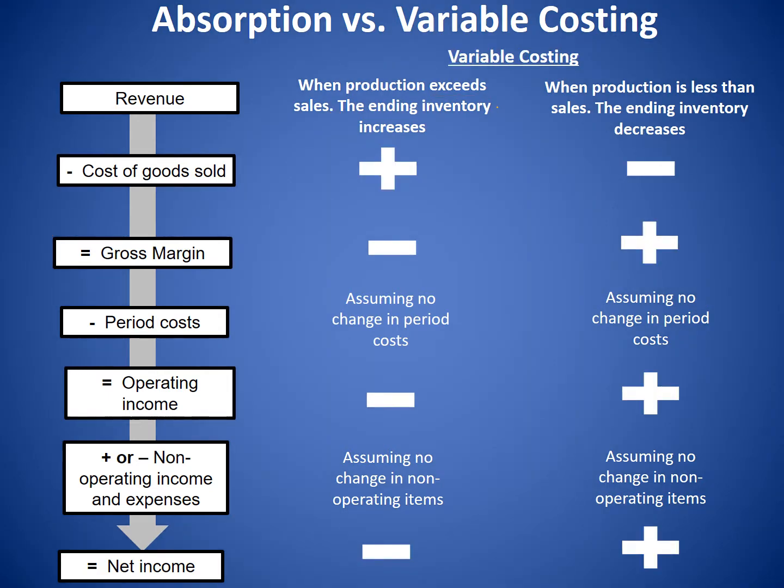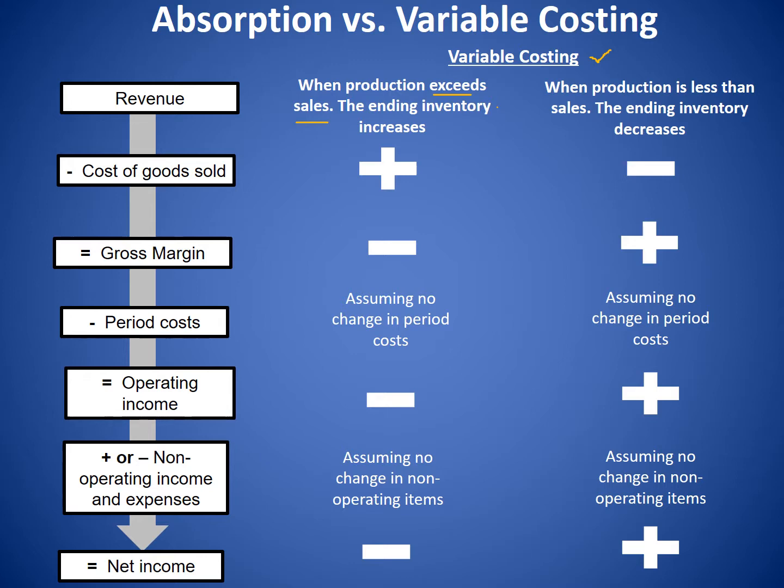Now we look at a similar slide for variable costing, again utilizing the entire income statement of a manufacturing company. Under variable costing, when production exceeds sales, our inventory is going to increase.